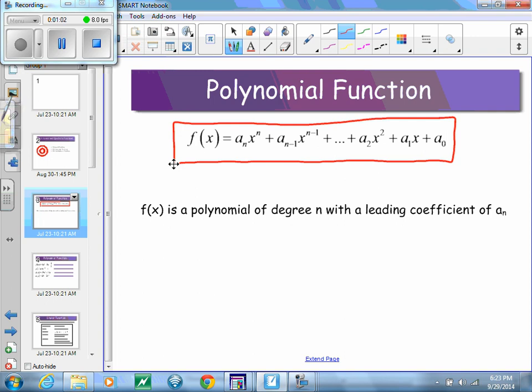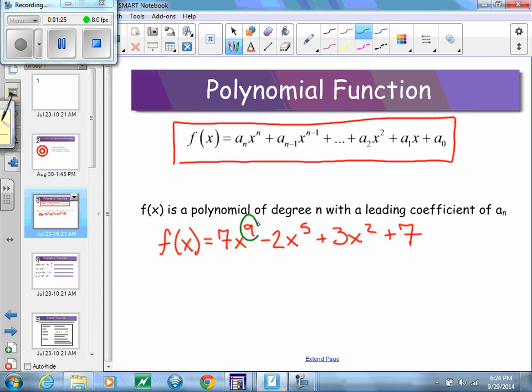Now, if I write out a couple examples, for example, if I have f of x equals 7x to the 9th minus 2x to the 5th plus 3x squared plus 7, that right there is a polynomial. And this polynomial here is of degree n, which in our case is going to be degree 9.